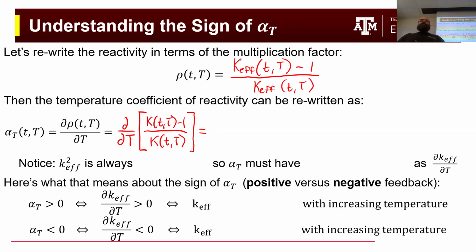If I take a derivative of this, what differentiation rule do I have to use? You got to do a quotient rule, right? Because I've got a derivative of a function divided by a function. So if I do quotient rule, can y'all help me out what the terms are supposed to look like?